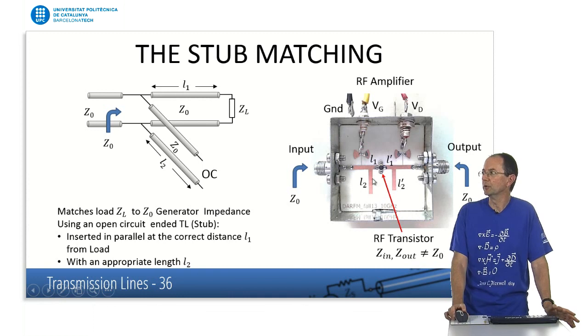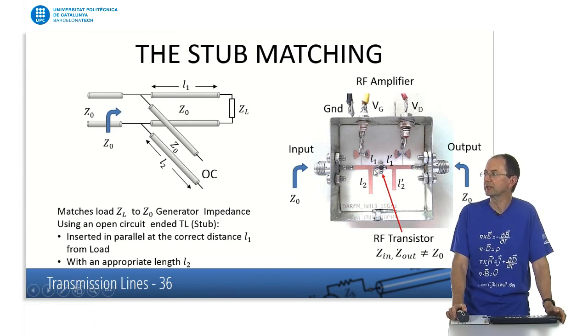The way to do the correction, or the matching, is to include a stub. This is this piece of transmission line, left open at the end and connected here in parallel to the main line, which is connecting the input port with the input port of the transistor. So this is actually the situation we are just describing here.